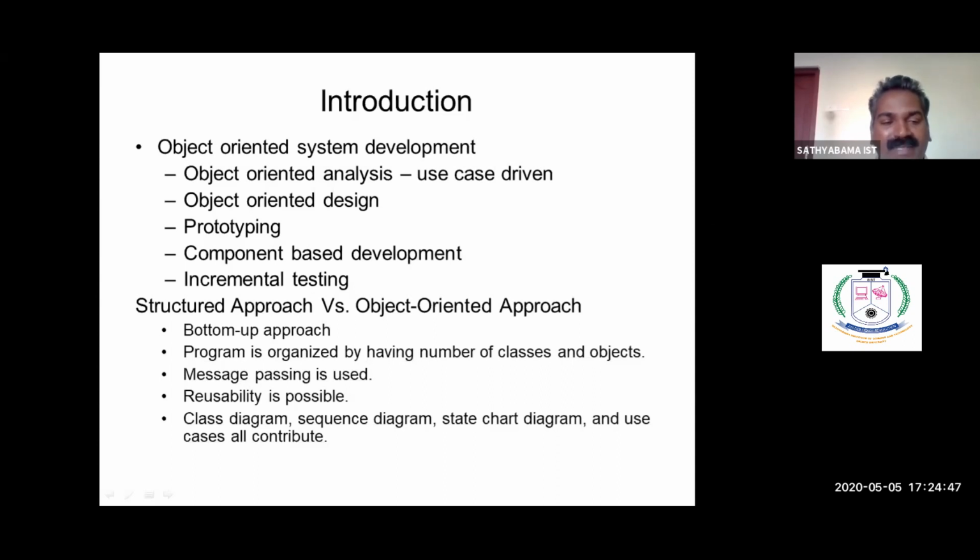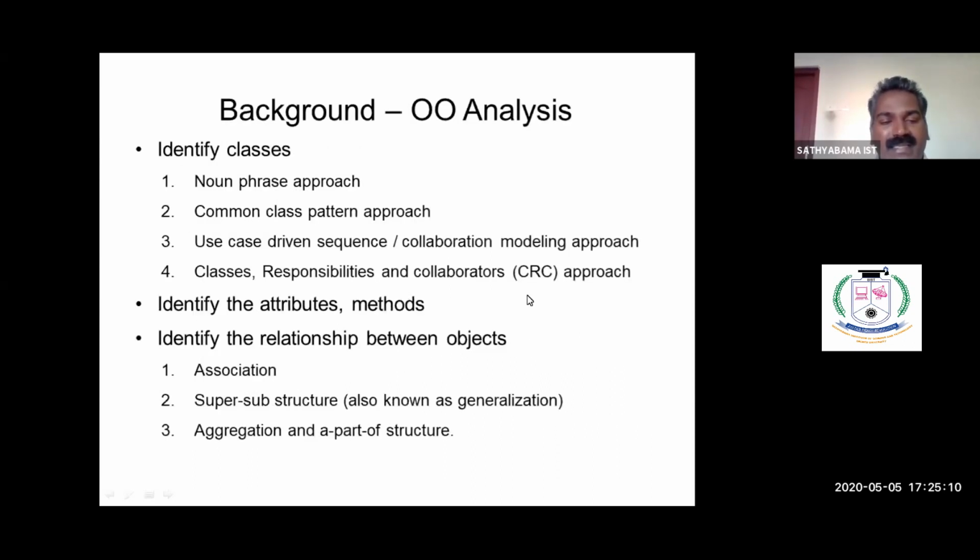Using these prototypes, we design a general outline of the particular system. Component-based development represents independent components that can be implemented. Finally, incremental testing, in the use case driven object-oriented system development.